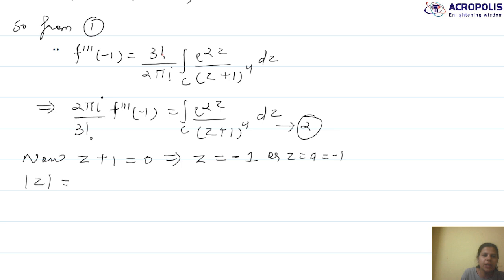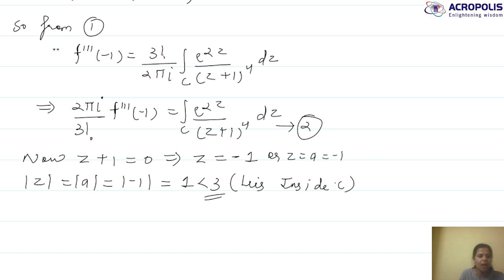Now mod z equals mod a, that is mod of minus 1 equals 1, which is less than 3, because it is given to evaluate the integral with mod z equals 3. Therefore we are checking with 3. So 1 is less than 3, therefore it lies inside C. If less than, it lies inside C. If greater than, outside C. And if equal, then on the boundary.